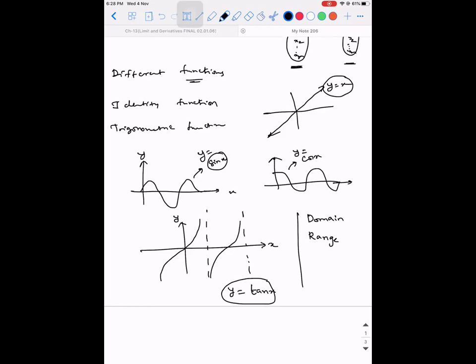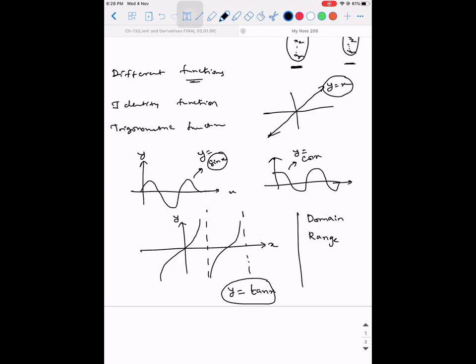So can someone tell me what is the domain? I asked a very simple question.